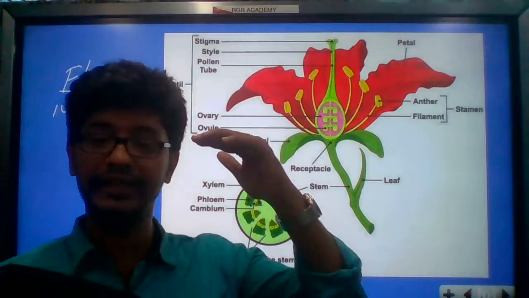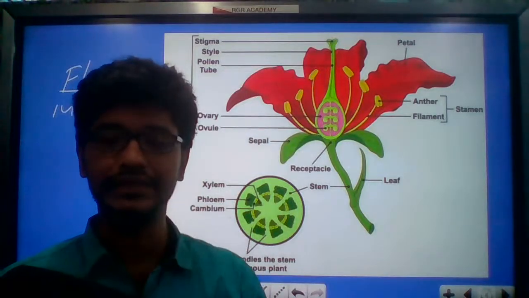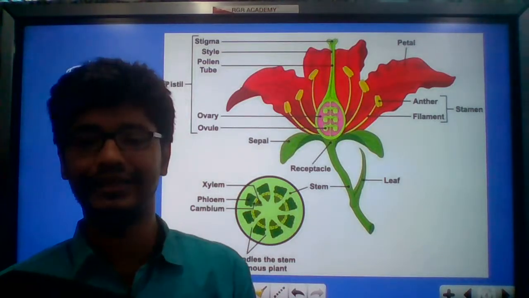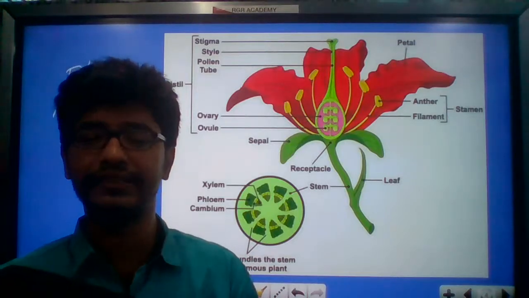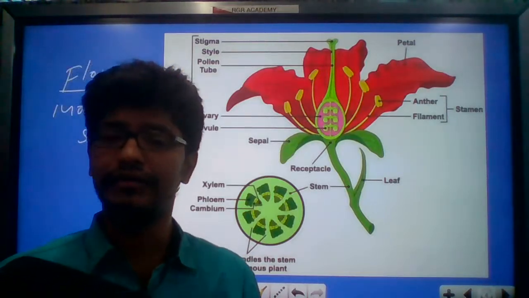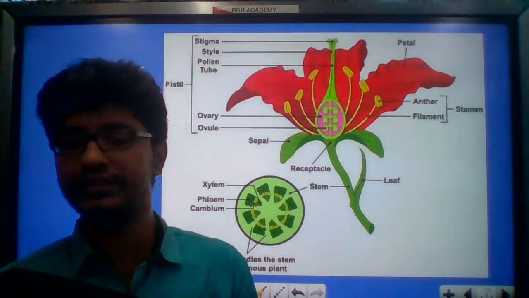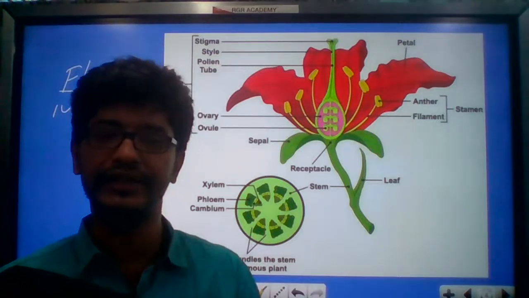For example, we discussed estivation, placentation, epigynous and hypogynous flowers, and calyx differentiation: gamosepalous, polysepalous.